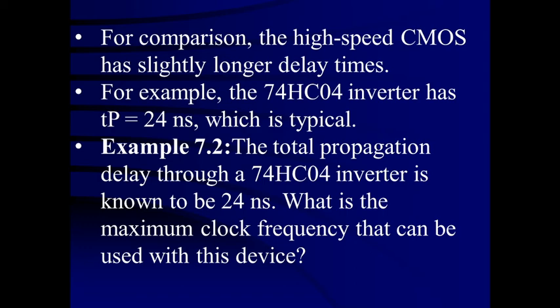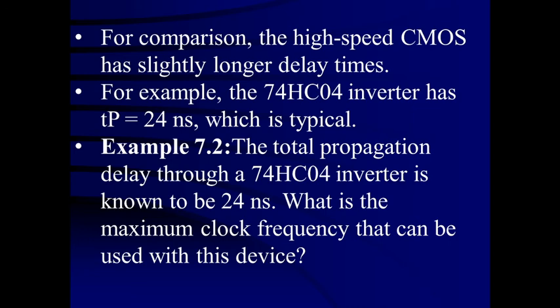In CMOS there are various series, and one of them is high-speed CMOS. For example, the 74HC04 inverter has TP equal to 24 nanoseconds, which is typical. So even in the high-speed CMOS series, the propagation delay time is higher than in the 74 TTL series.